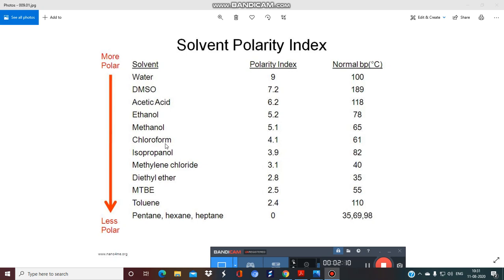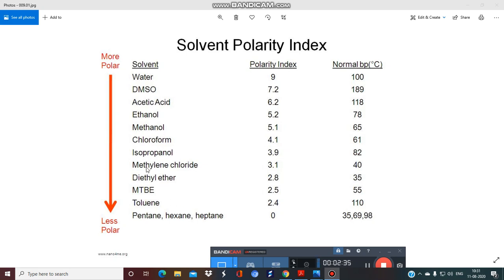Only then is chromatography done. Water is the most polar, and hexane, heptane and pentane are very low in polarity. Suppose we compare ethanol; which one is more polar? You can see the difference in the polarity index here.